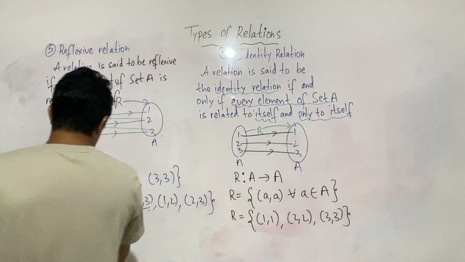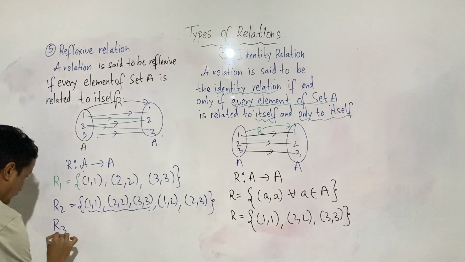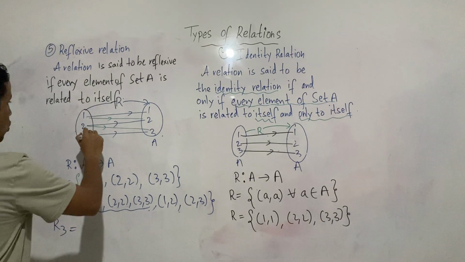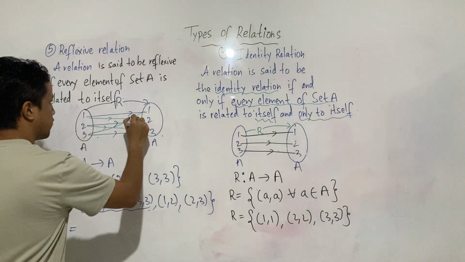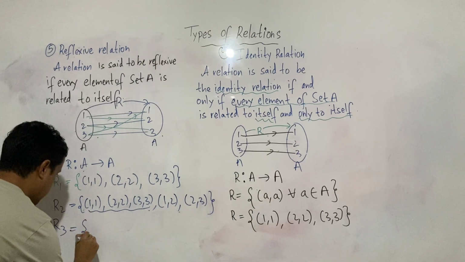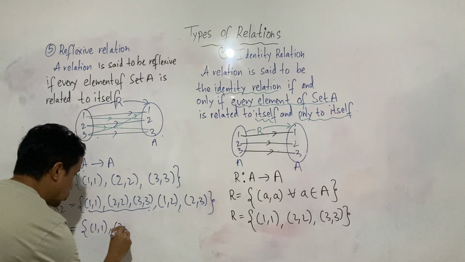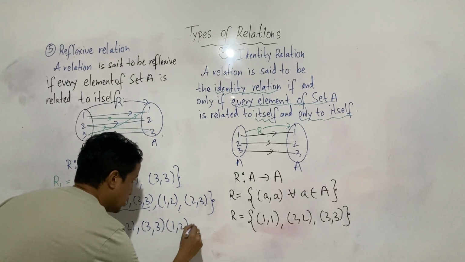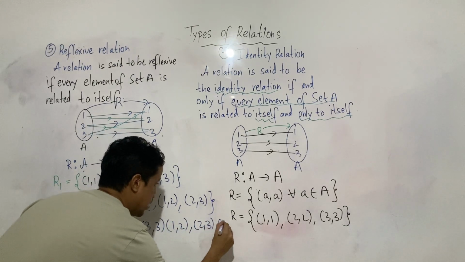Then can we allow it if 3 is also related with 1? Yes, of course, it is allowed. So here it's going to be 1, 1, 2, 2, 3, 3, 1, 2, 2, 3, 3, 1.